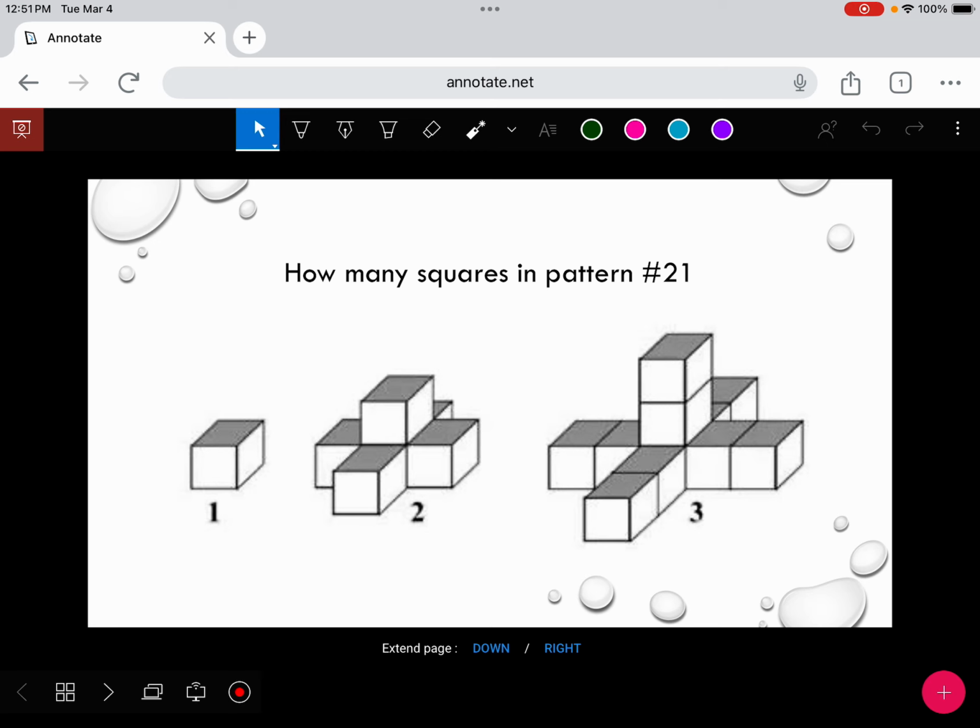All right, so let's take a look at this pattern. What are we thinking here? What's happening in this pattern? What's changing as this moves? There's more blocks.